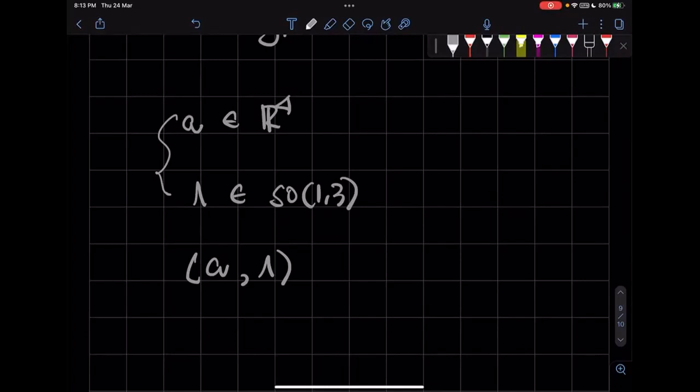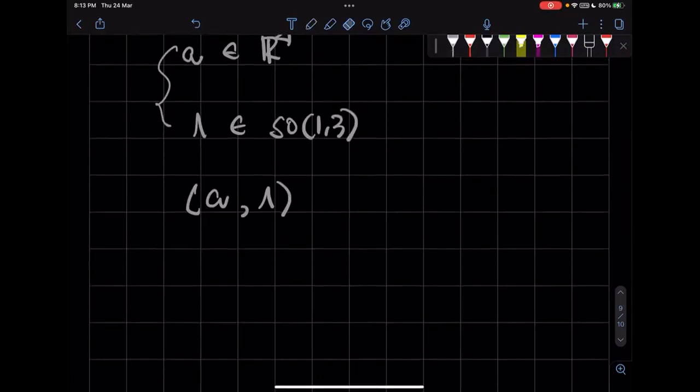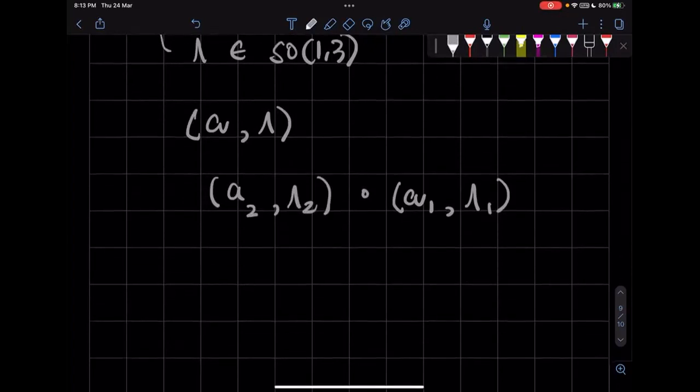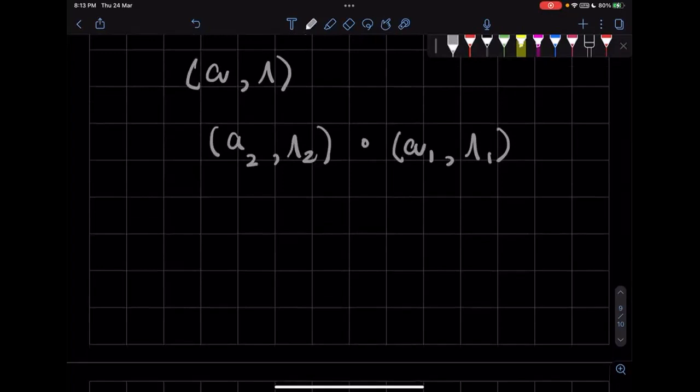Now, if I do two transformations, one after the other, what is the result? So let's see.